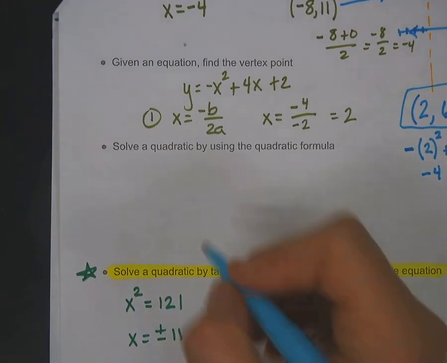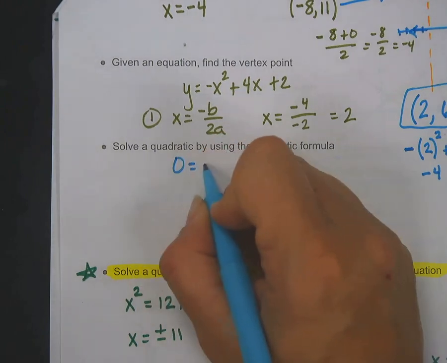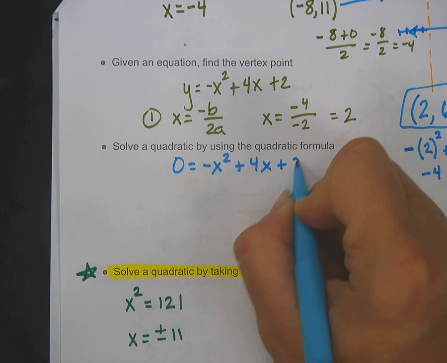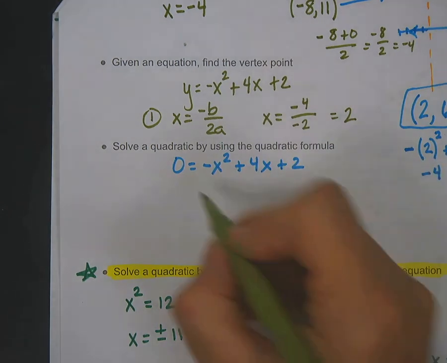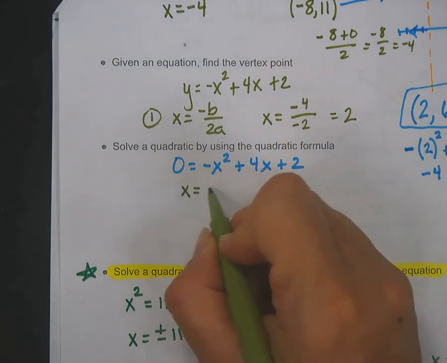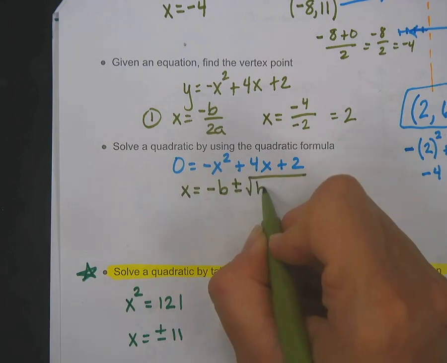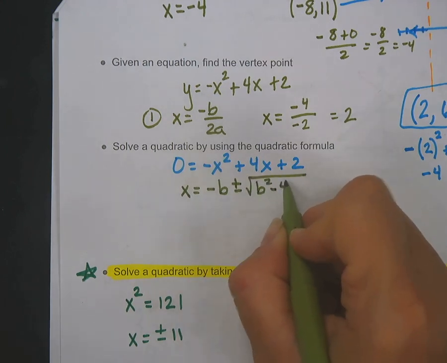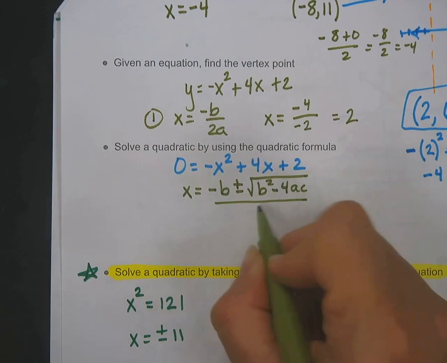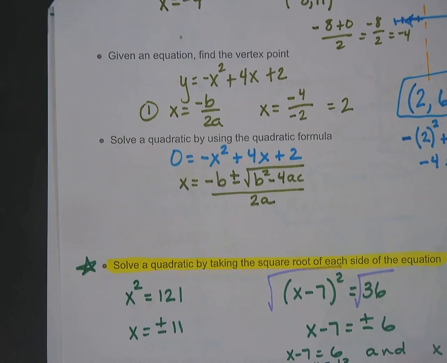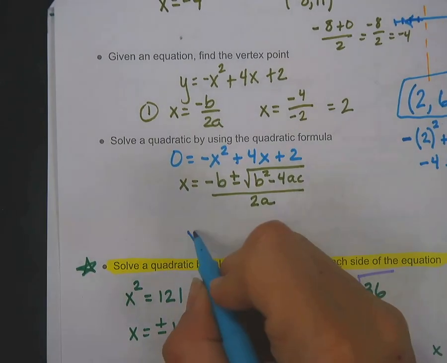Okay? All right, now we are going to do this same equation, but we are going to solve using the quadratic formula. So x is equal to -b plus or minus square root of b squared minus 4ac, all divided by 2a. So we get our quadratic formula, and then we plug in the numbers.